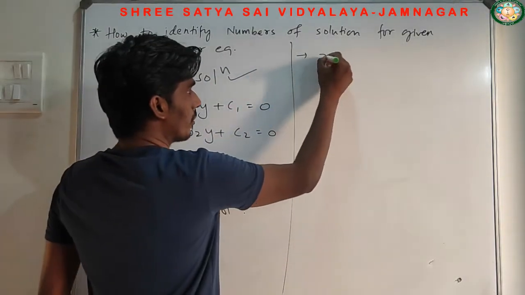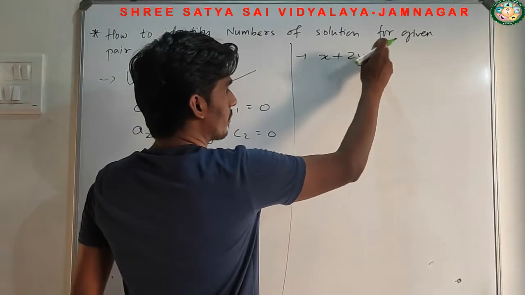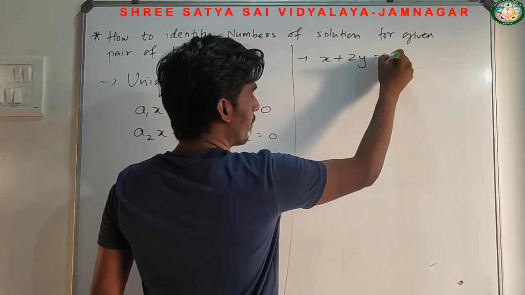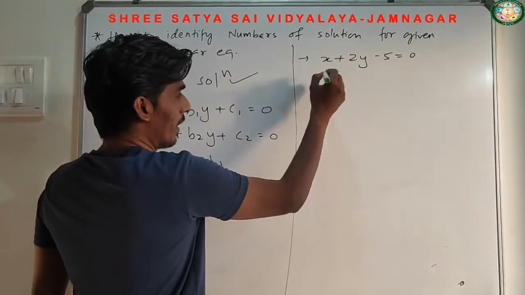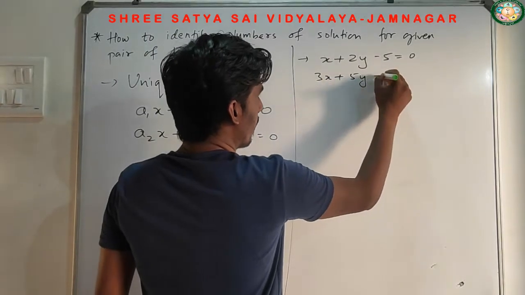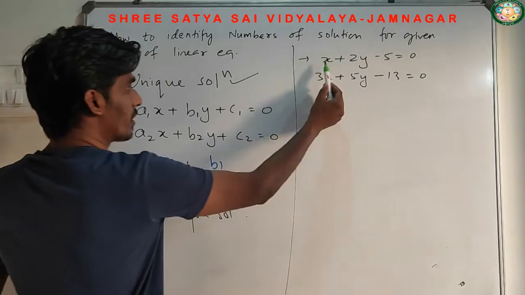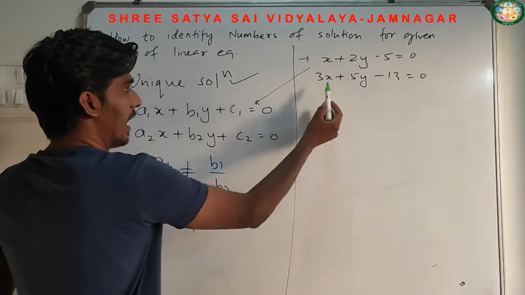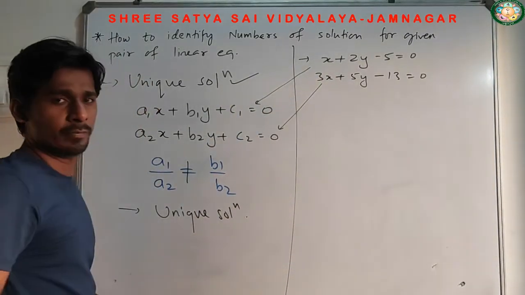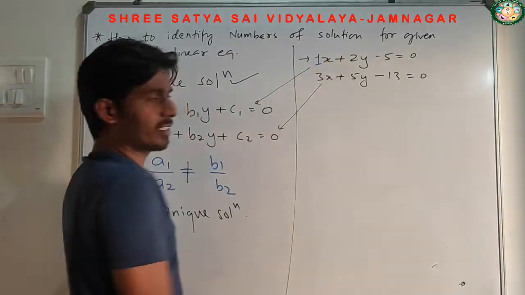If I write x + 2y - 5 = 0, and 3x + 5y - 13 = 0. Let's compare the first equation with the standard form, and the second equation with the second standard form. If nothing is written, the coefficient is 1.